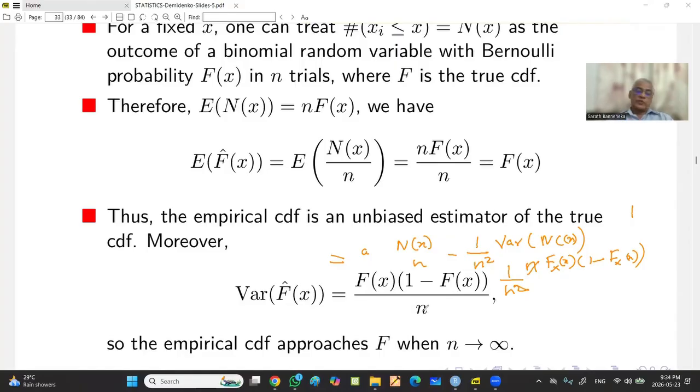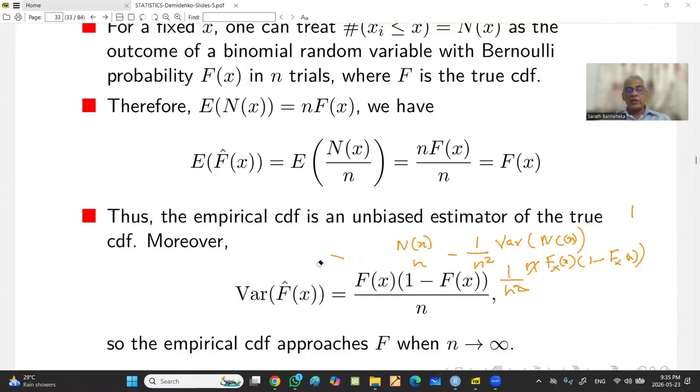What does it tell you? It's also a very important result. You can see what happens to the variance of F hat at x as n goes to infinity, or when n increases.